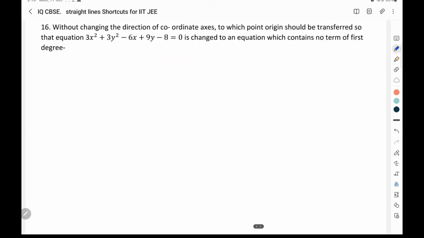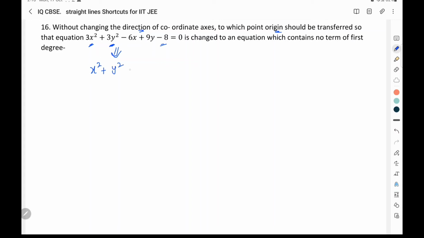Next one is also the same, but here one thing you have to keep in mind to make the sum easy. We can find the center of the circle even though the x square and y square coefficient is not 1, but just to make it easy, without shifting the origin so that there are no first degree terms, I'll divide the entire equation by 3.